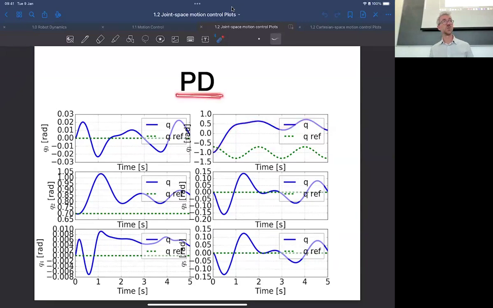That's because we are doing PD without even an integral term. Okay, so the robot is not able to compensate for gravity because there is no integral. The integral is the one that is compensating for the gravity after a while. Since we don't have it, there is no way this is going to converge to, not even close to, the reference trajectory.